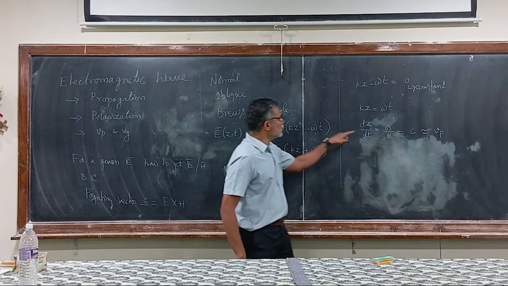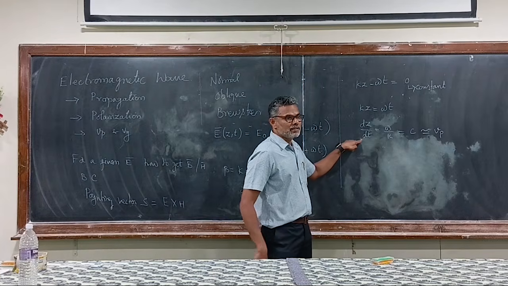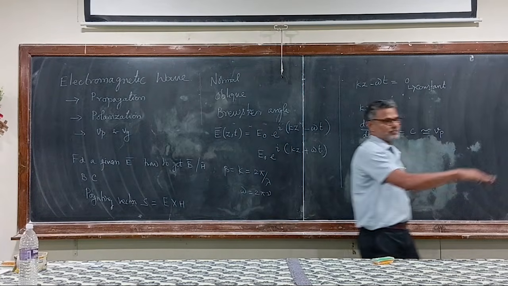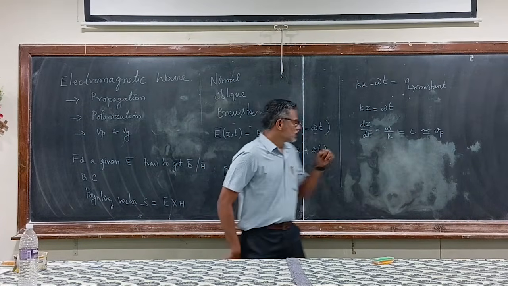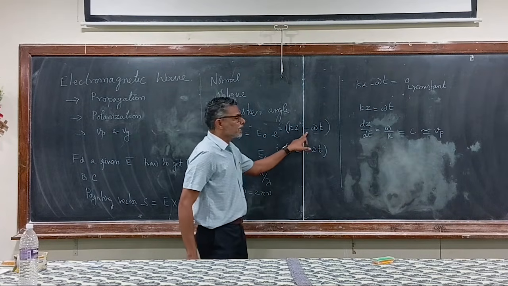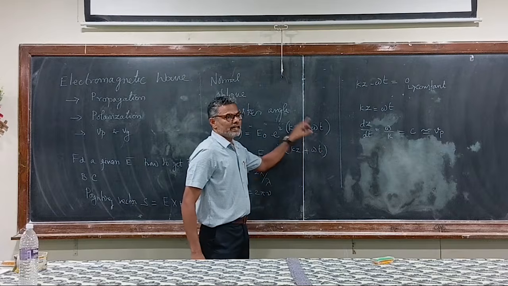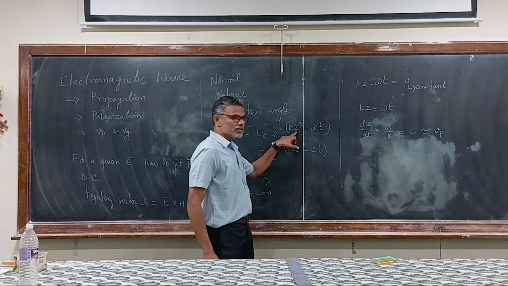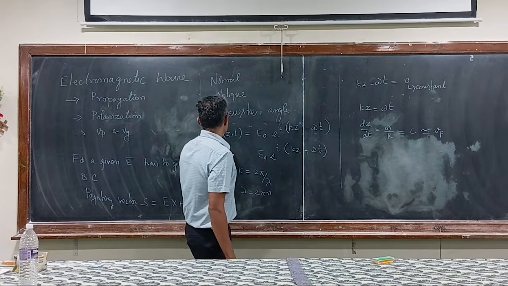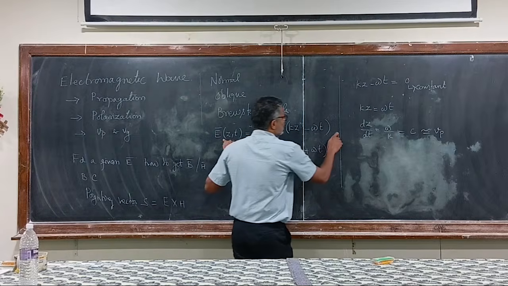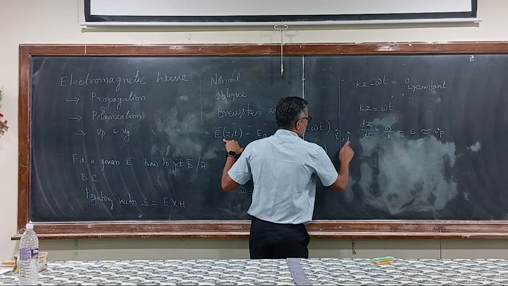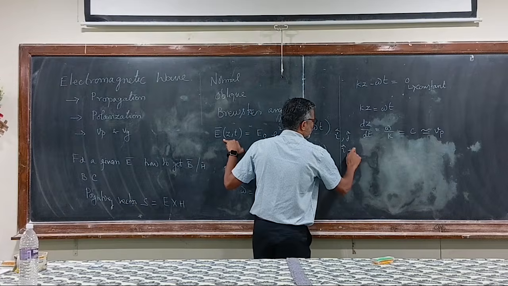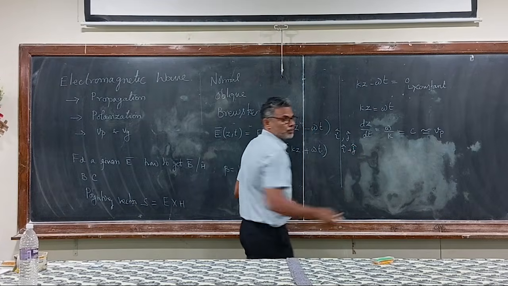So that means it's moving. dz by dt is nothing but the variation in the z direction, how it moves and at what speed it moves along z. So the moment you see kz minus omega t, the direction of wave propagation is along z. And your variation can be along i cap or j cap or a combination of i cap plus j cap. So you have no problem with this.